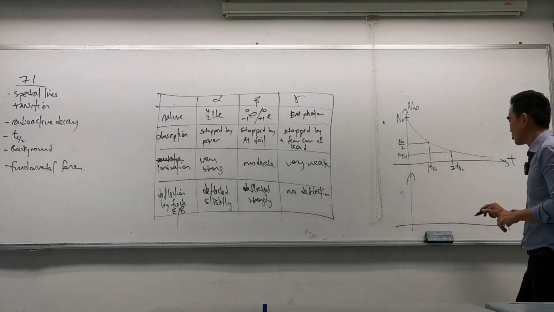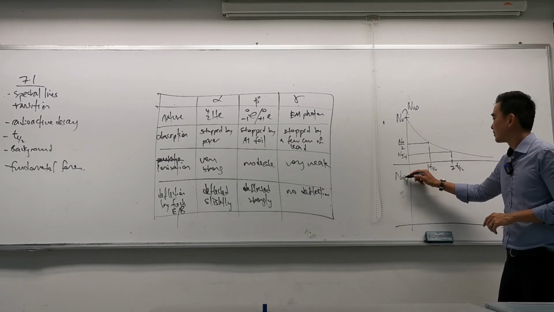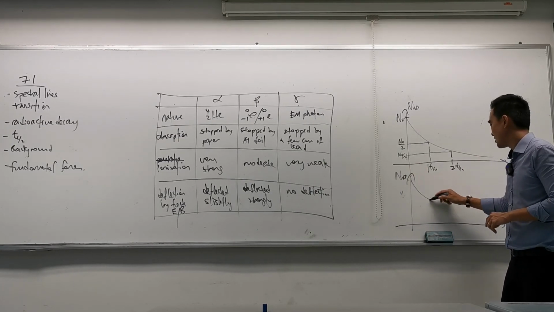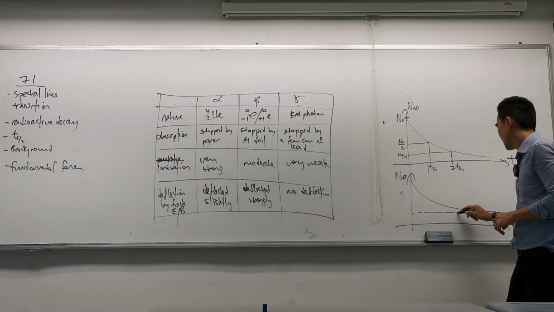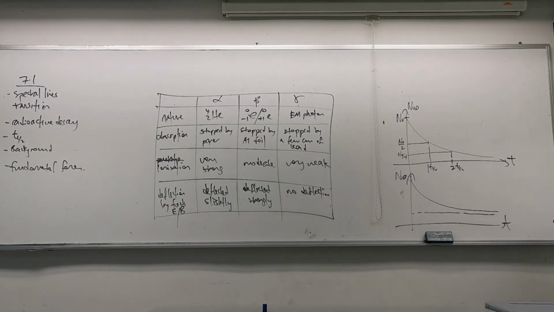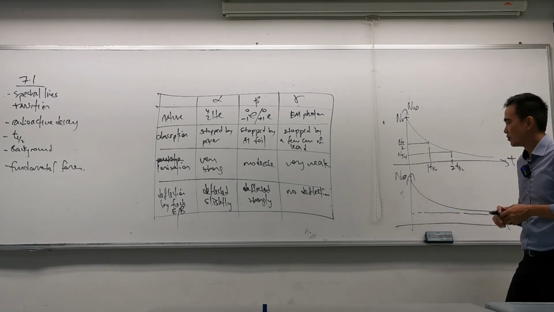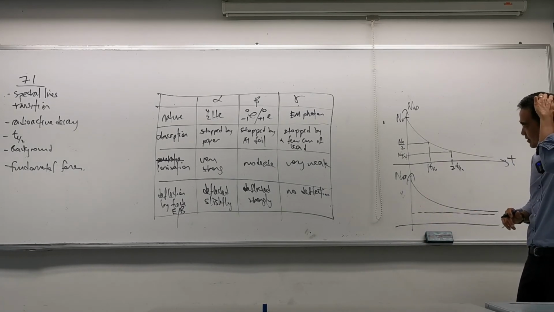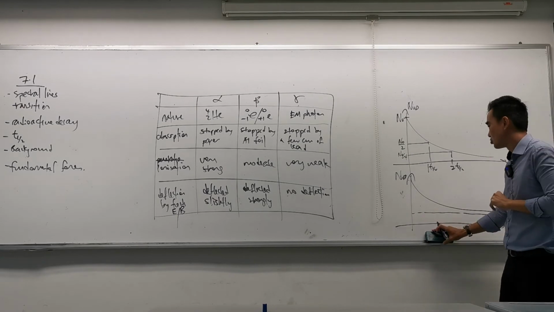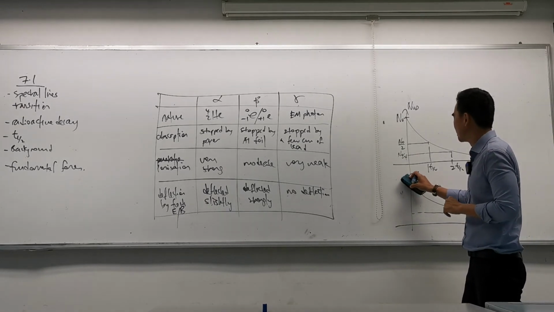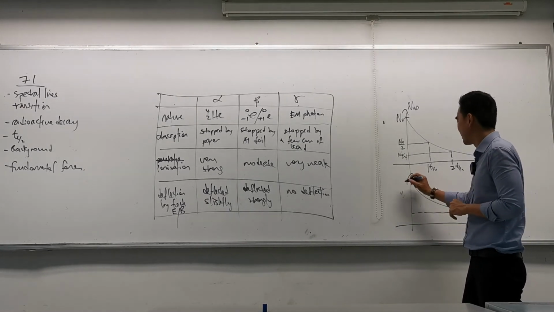However, what I want to show you is that sometimes you can actually get a situation like this. Now, when you get a situation like this where it decays to a value which is, okay, probably this one, then you should actually talk about activity, which is the decay rate.